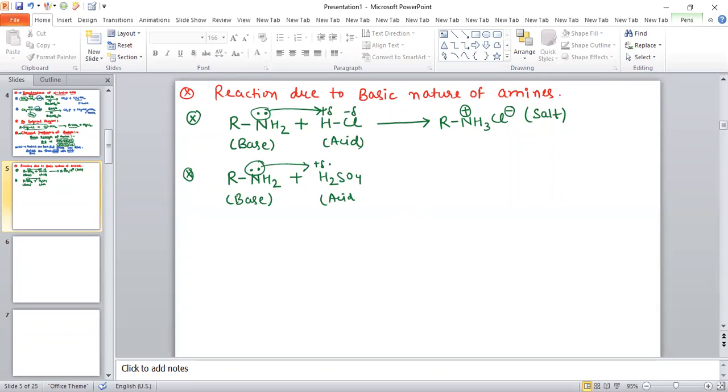This time, because there are two hydrogen atoms, it is balanced as (RNH3 positive) twice, because the sulfate ion has a -2 charge. So this is again a neutralization reaction, and salt is obtained as a product.